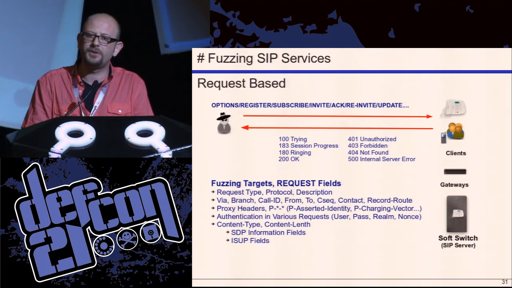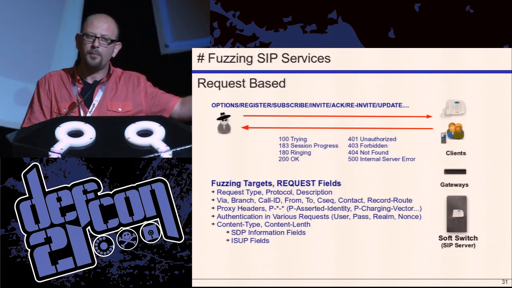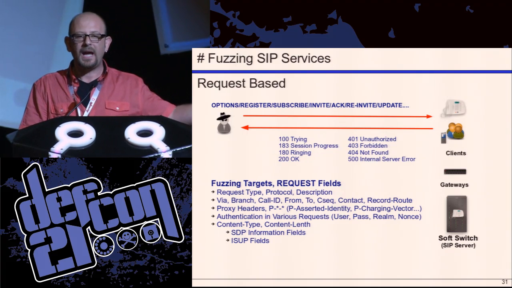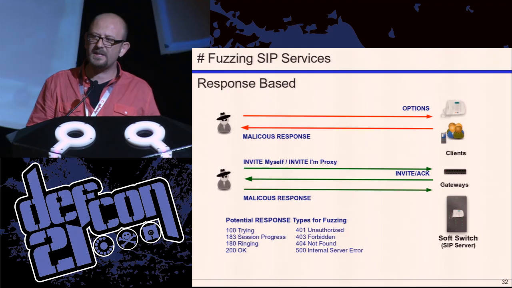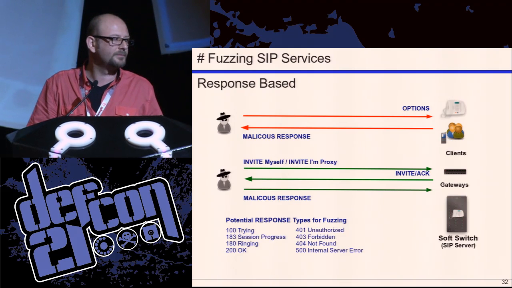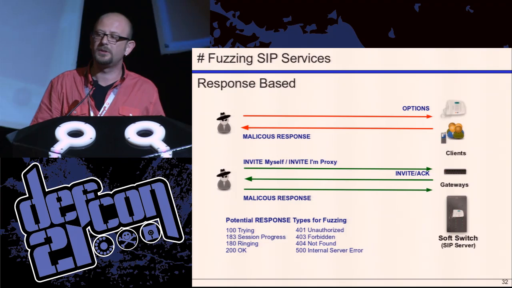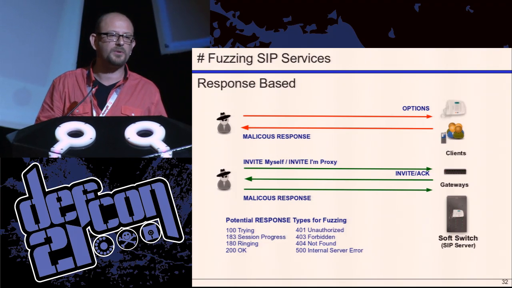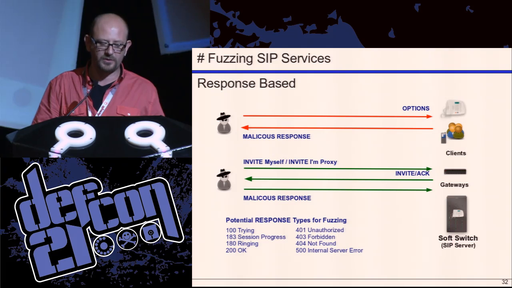Okay, you already know this request-based fuzzing, and I will skip it. But you should know headers should be fuzzed, proxy headers or something else. Okay, here's the thing. Response-based fuzzing is not popular. Also, there is no tool to fuzz response features of a SIP server.